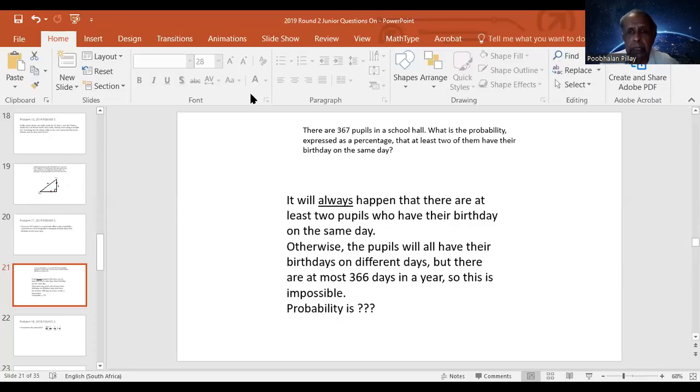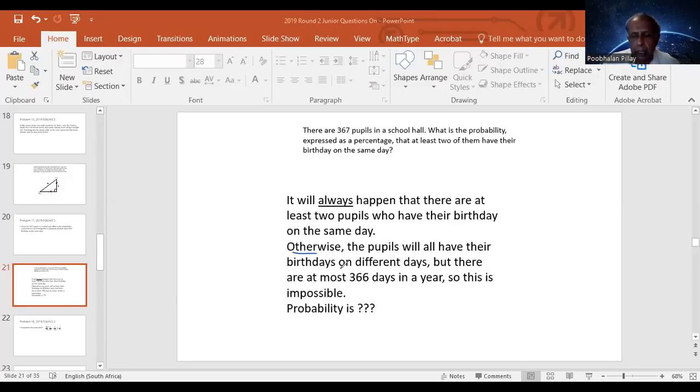What do you mean by otherwise? I'm making the statement here: there will always be at least two pupils who have their birthday on the same day. If this is not true, it means that all the pupils will have their birthdays on different days.